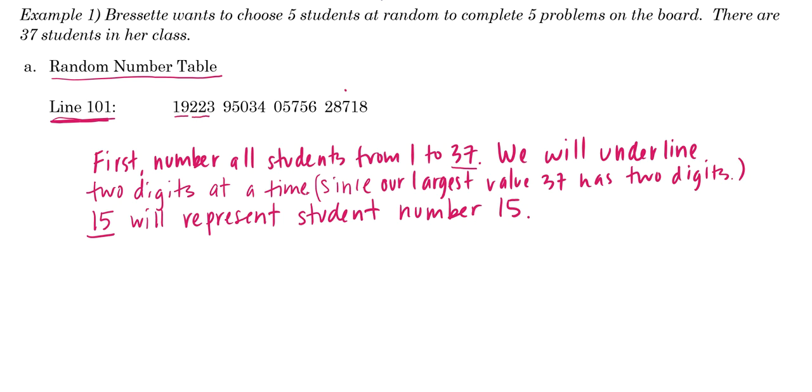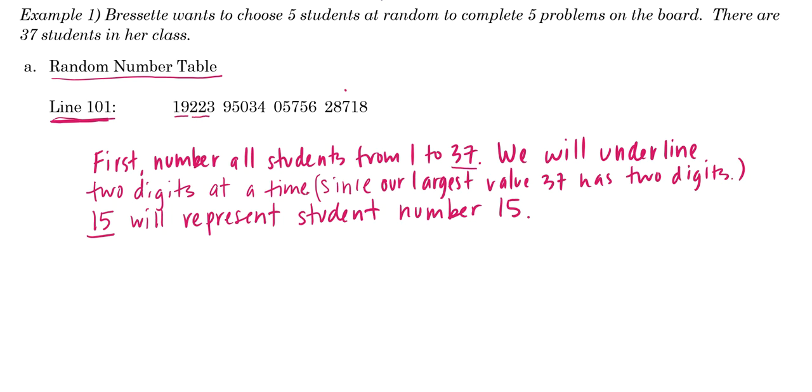So I've numbered all my students from 1 to 37. I'm underlining 2 digits at a time on this table. I'm saying what the digits actually represent, and you have to do that. And then now we're going to talk about how specifically we're going to do this and what we do if we get numbers that aren't between 1 and 37, etc.